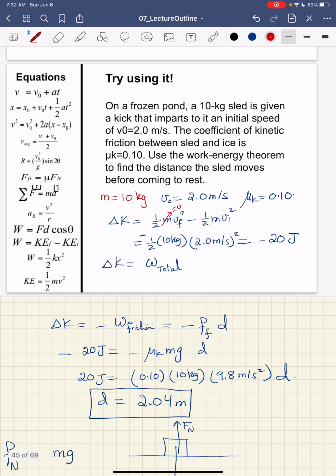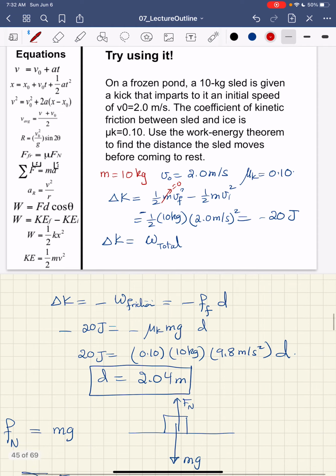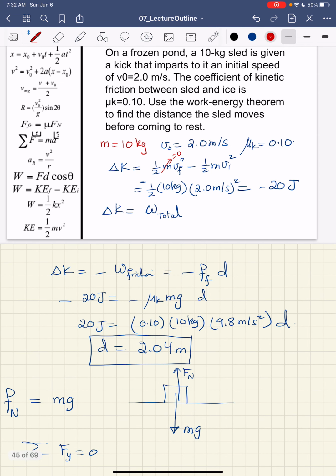Delta K, the change in the kinetic energy, will equal the total work, and the only force acting on that sled in the horizontal is friction.